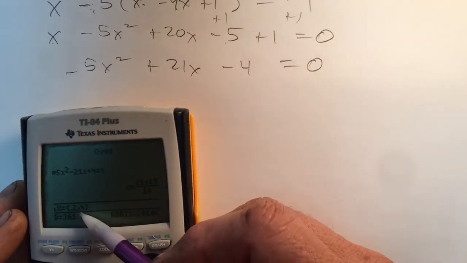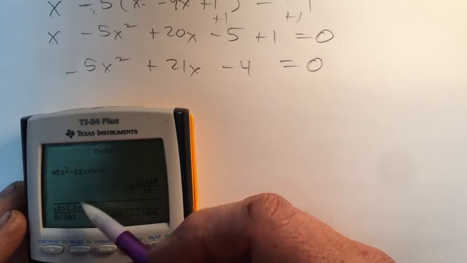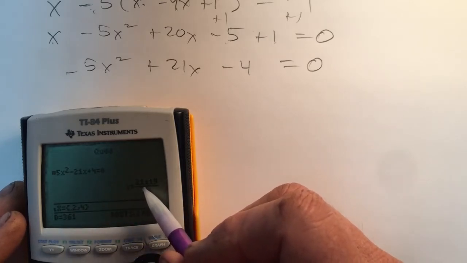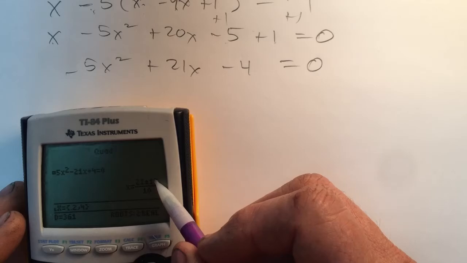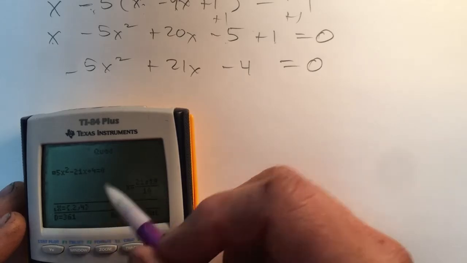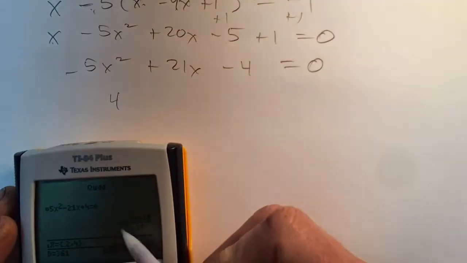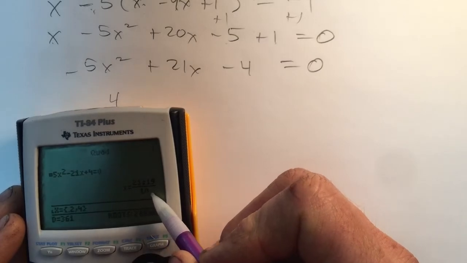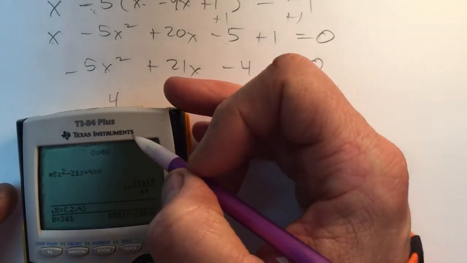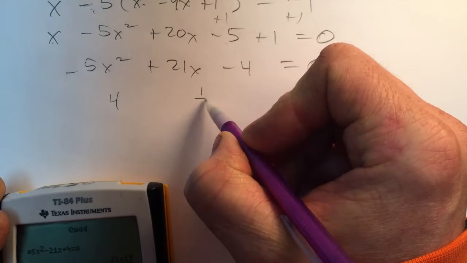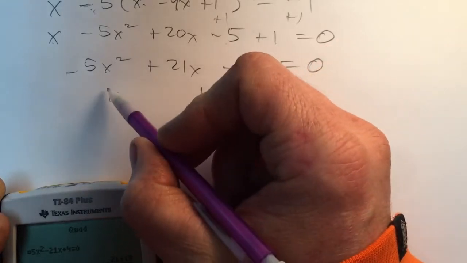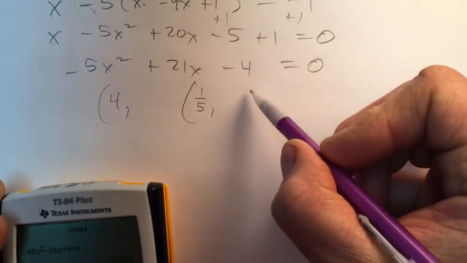Looks like I got 0.2 and I got 4. 0.2 is 1/5. Now, like I told you before, 21 plus 19 is 40. 40 divided by 10, that's 4. 21 minus 19 is 2. 2 divided by 10 is 2/10, which is 1/5. So these are my x values.